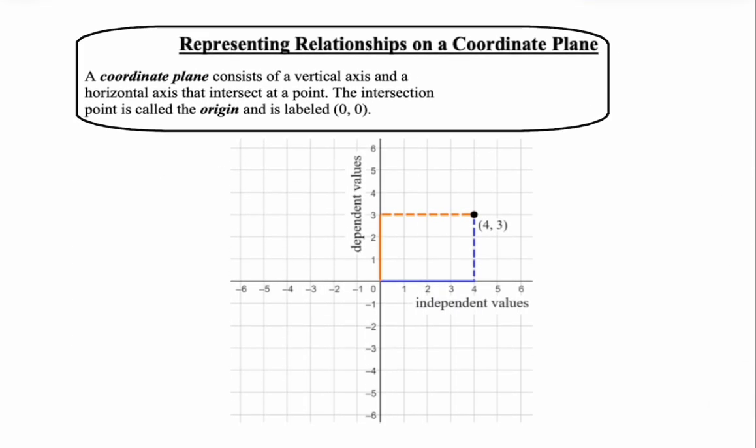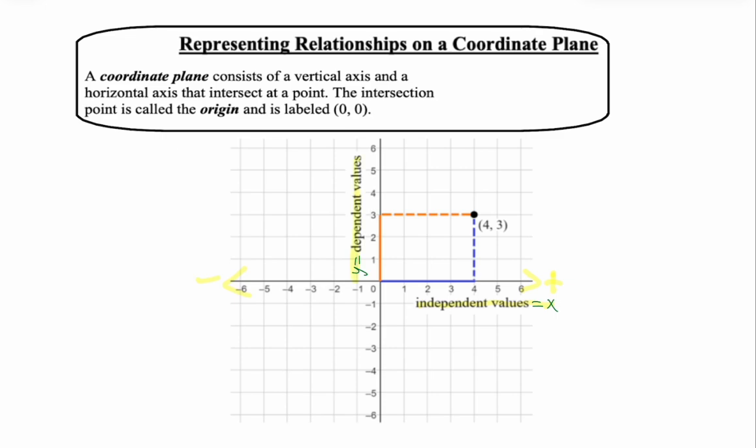We are going to have to remember how to graph on the coordinate plane. Remember that we are looking for where a point is. The independent variable will be our x's. The dependent variable will be our y's. So our x's go from left to right. Remember, this is positive and this is negative.